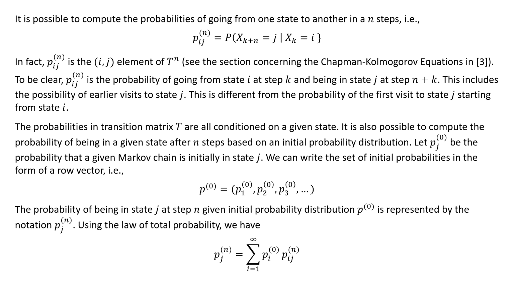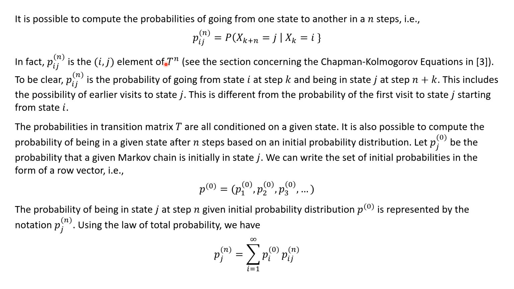On this slide and the next, I'm going to discuss some probabilities concerning transitions from one state to another. The first one I want to look at is here at the top. It is possible to compute the probabilities of going from one state to another in n steps, and it's this probability here. So p_ij superscript n is the ij element of T to the n.